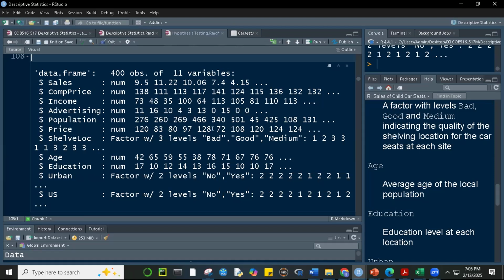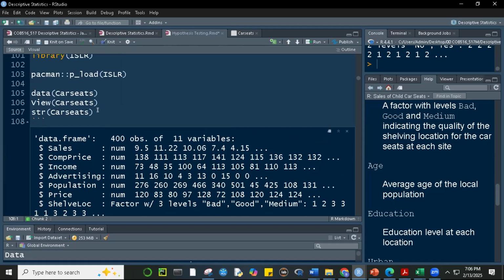When you say levels, these are the different types inside the variable shelf location. Then you have also urban, which is just yes or no. And if it's sold in the US, also yes or no. So this is what you get from the structure.